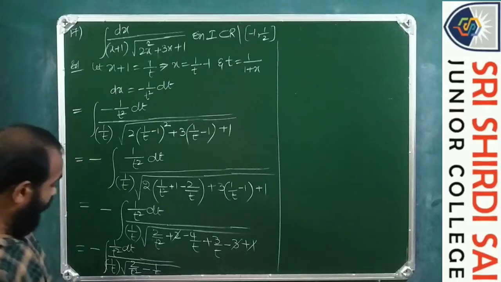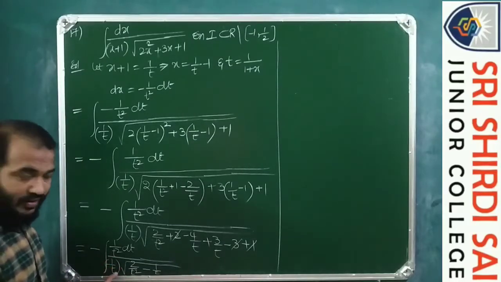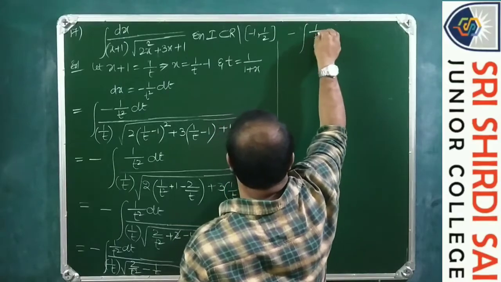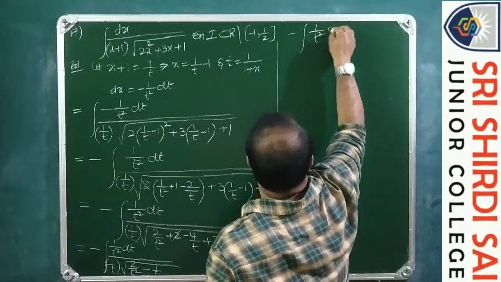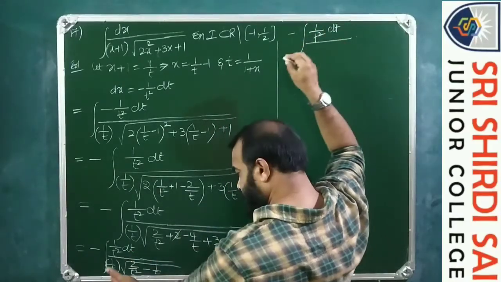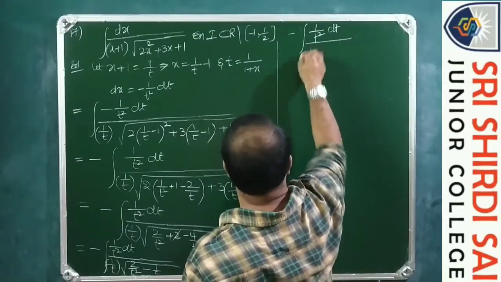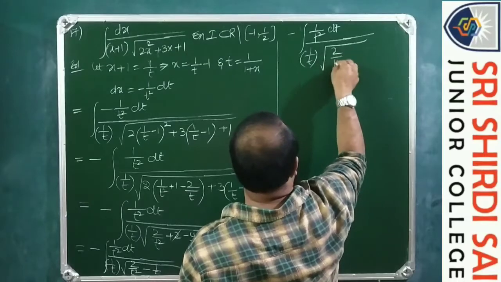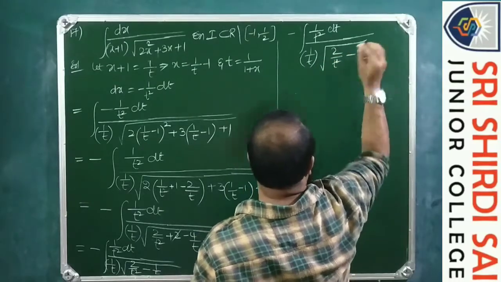So if you feel that it is not visible clearly, then I'll write this again. Minus integral 1 by t square dt by, this is 1 by t into, this is 2 by t square minus 1 by t.